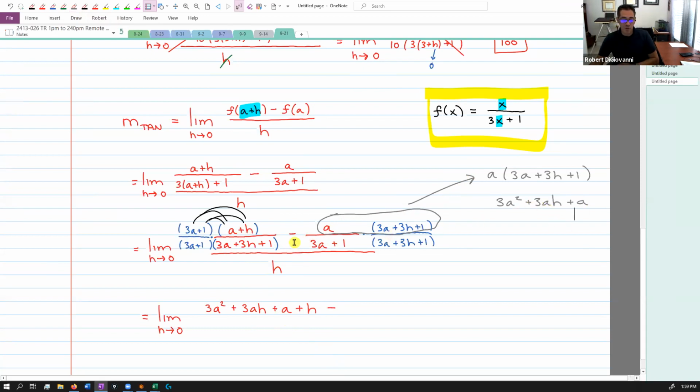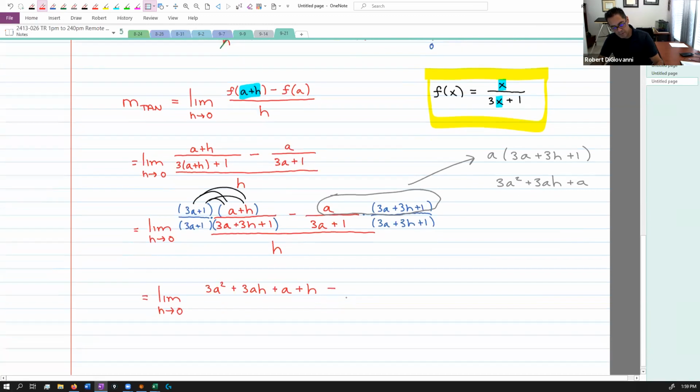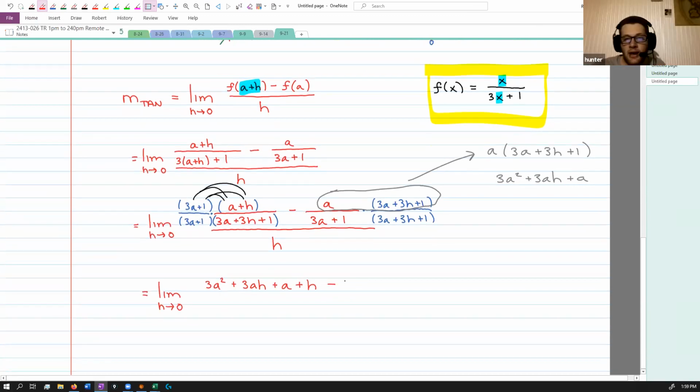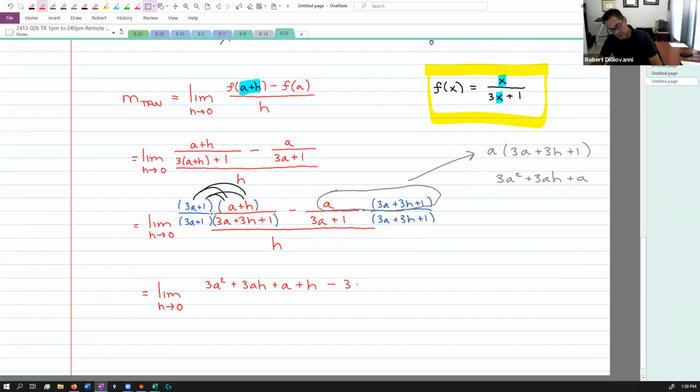And we will subtract it all, right? So that changes the signs of everything. Who wants to tell me what the next part will be? You write that all as negatives. Okay, so minus 3a squared minus 3ah minus a.